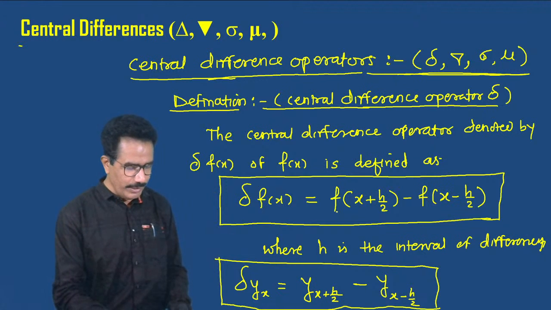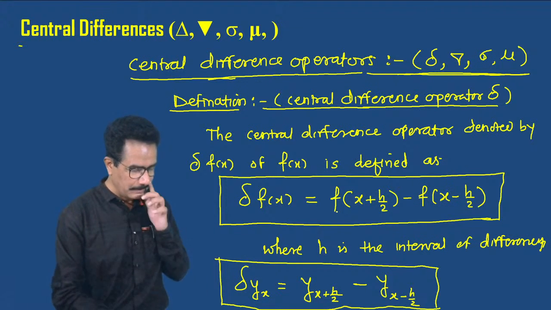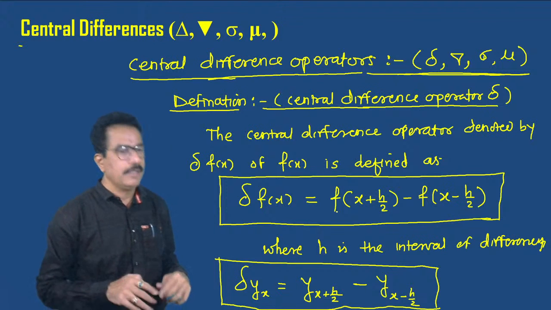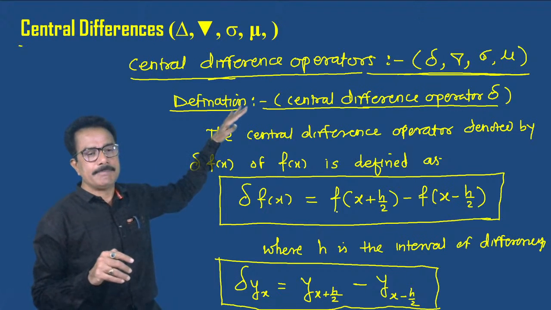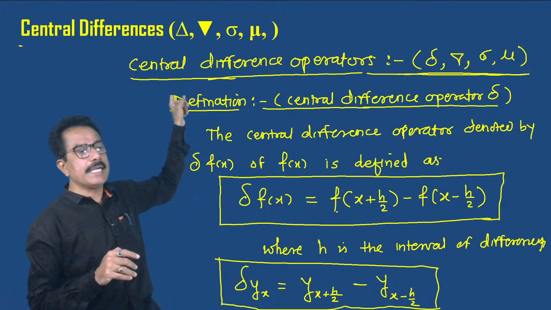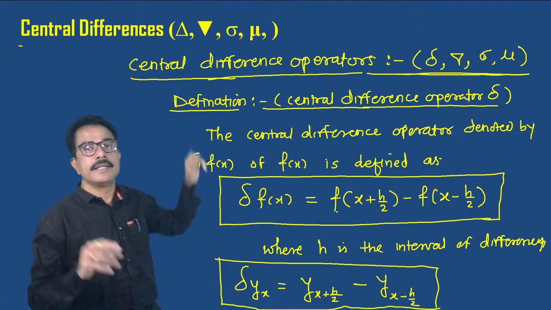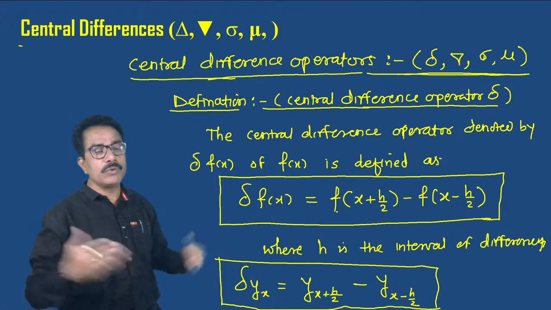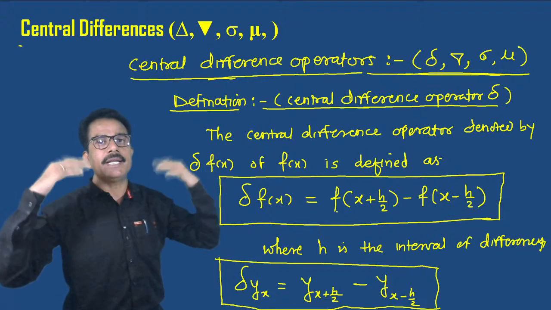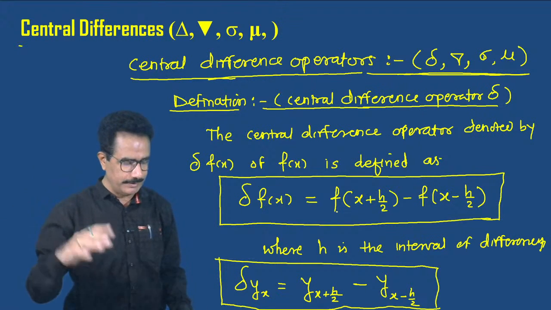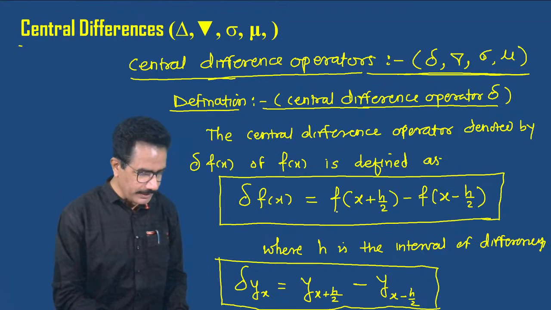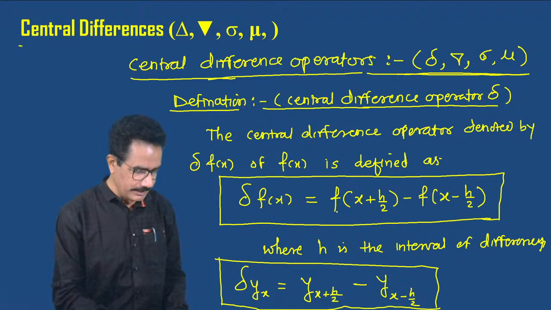So already we have seen delta, capital delta, del, e. Now we have to discuss the sigma operator, the next operator. And what is meant by the sigma operator, we shall discuss here.